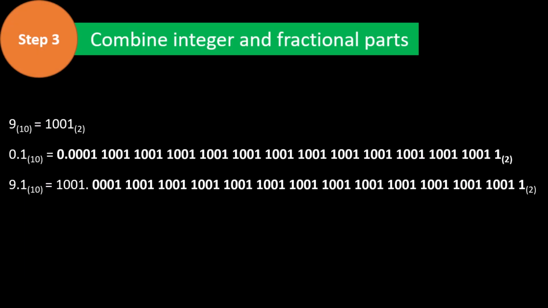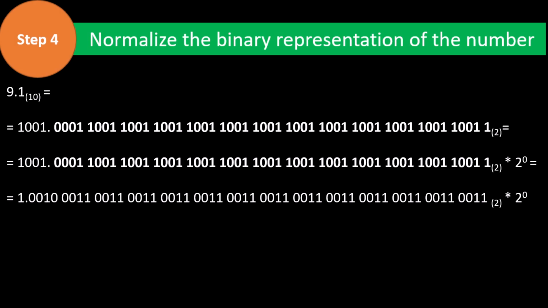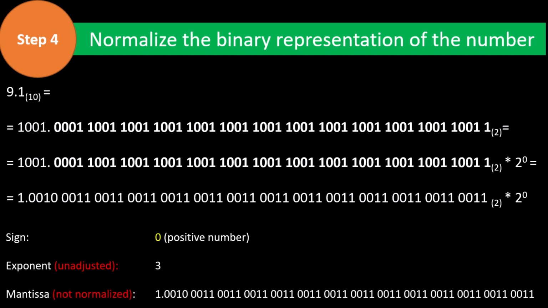Step 3, we combine integer and fractional parts. Step 4, normalize the binary representation of the number. We shift the decimal mark 3 positions to the left, so only one non-zero digit remains to the left of it. Up to this moment, our 3 components, sign, exponent, and mantissa or fraction, are as follows. Sign is 0 because it is a positive number.